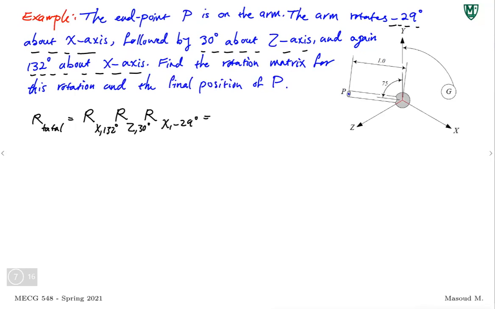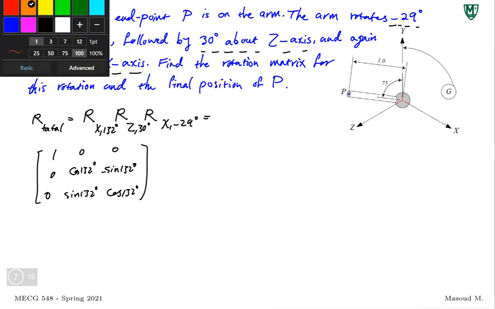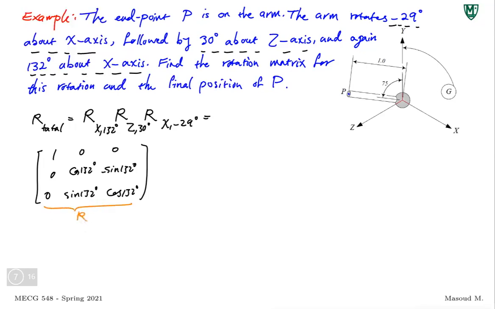So let's put them together. Our x 132 degrees. X was 1, 0, 0, 0, 0, so this becomes cosine 132 degrees, minus sine 132 degrees, sine 132 degrees, cosine 132 degrees. First rotation matrix, this is our R x 132 degrees.